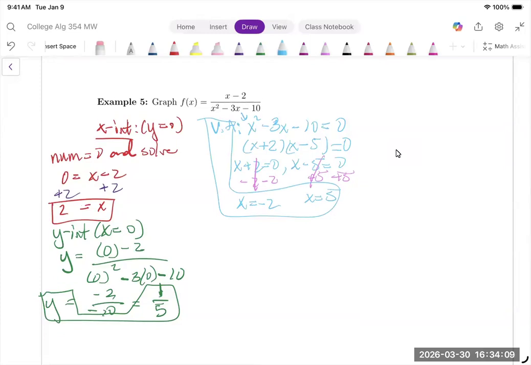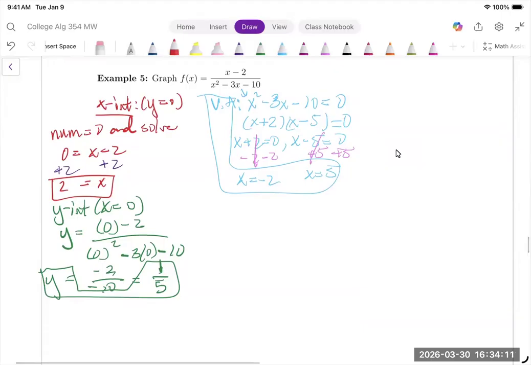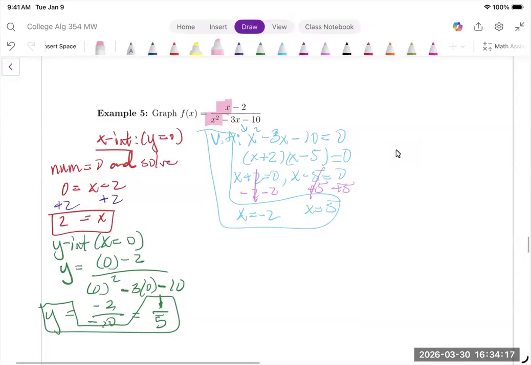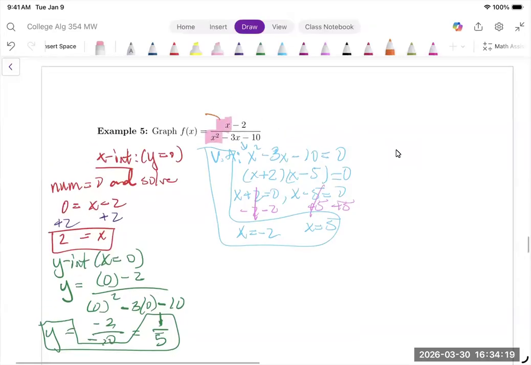Horizontal asymptotes. Remember, horizontal asymptotes come from what's going on with the leading terms. The numerator has a degree 1. The denominator is degree 2. So is this top heavy, bottom heavy, or equal? Bottom heavy.